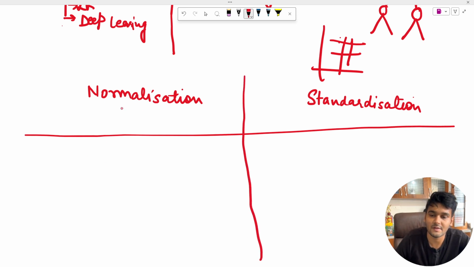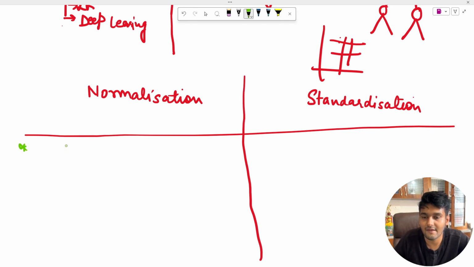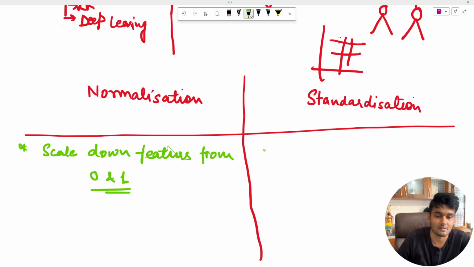Now, what are the differences between the two? First, we have normalization. In normalization, we scale down features from 0 to 1. So all the values will be scaled down from 0 to 1.